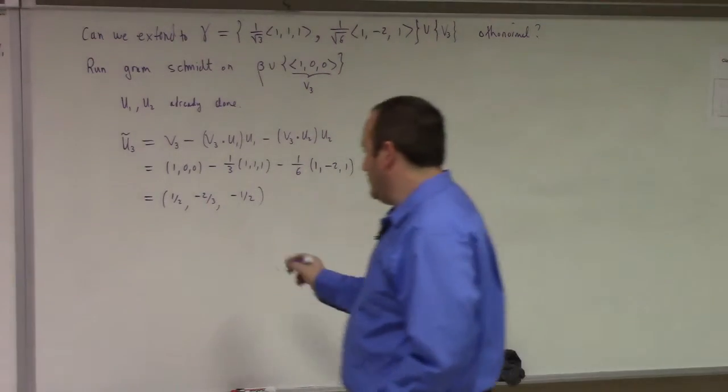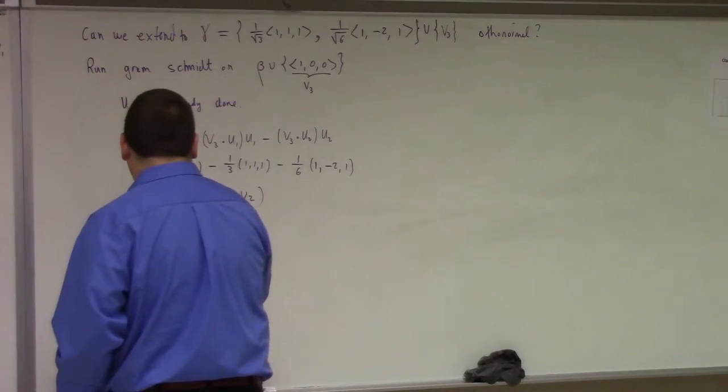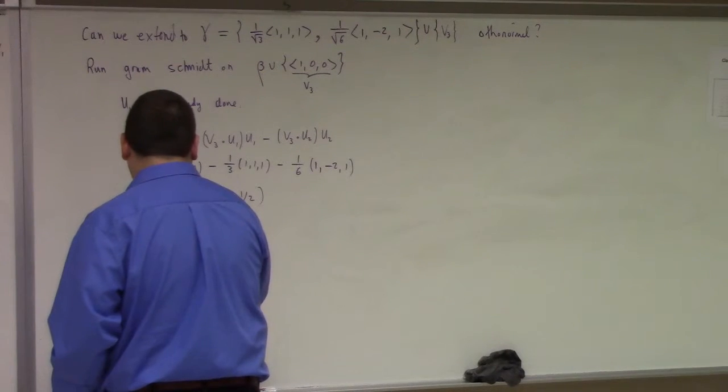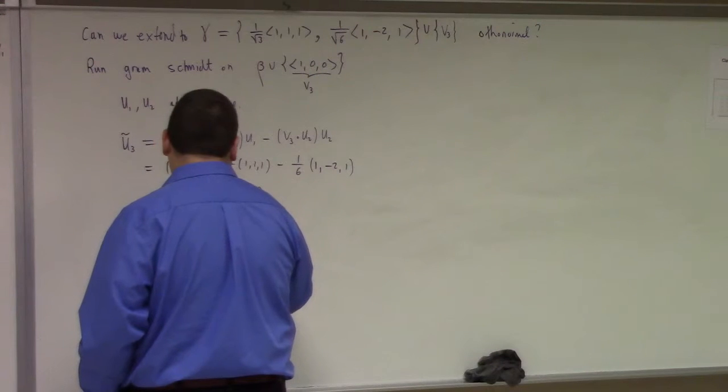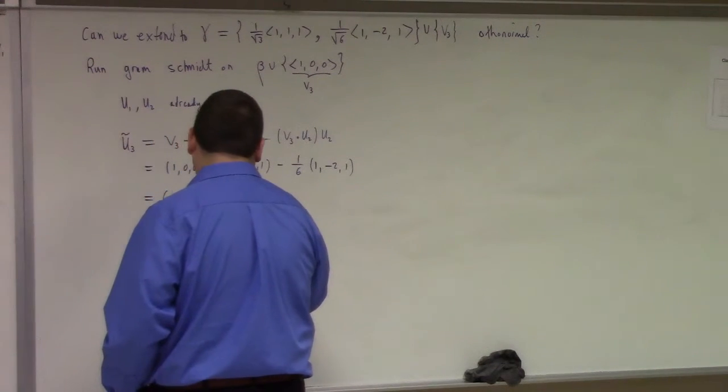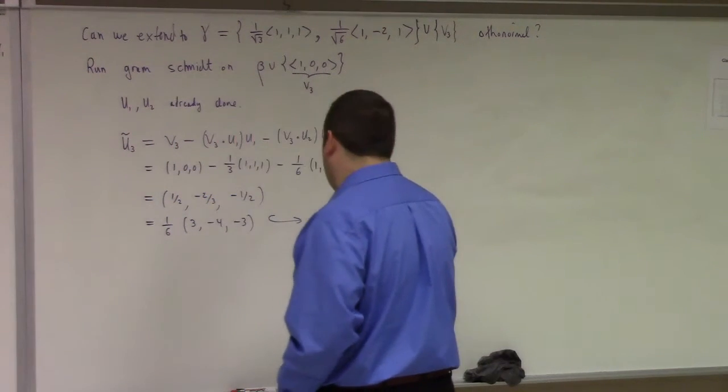All right. So factor out a sixth, and you got yourself a 3, a minus 4, and a minus 3 again. And so normalizing that is easy.